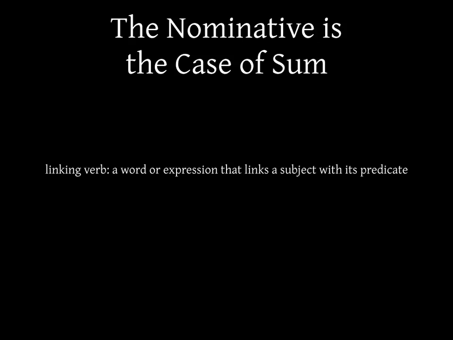That's the definition of a linking verb, a word or an expression that links a subject with its predicate. So if we have femina est domina, you can think of the est as an equal sign. We will talk more in class, as I said, about the idea of predication. That will solidify the ideas that you are beginning to understand about this idea of sum.